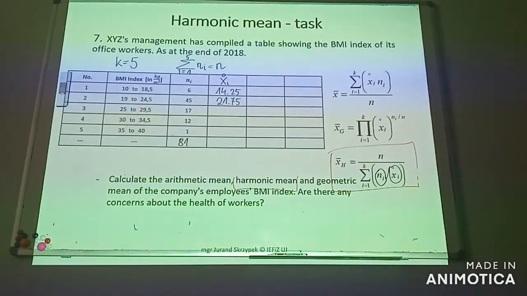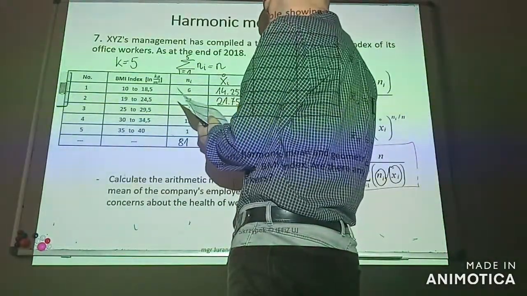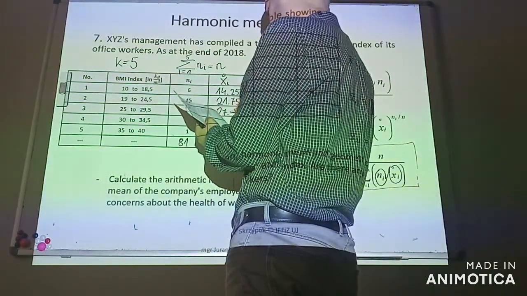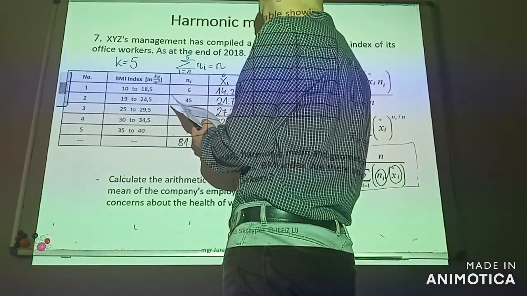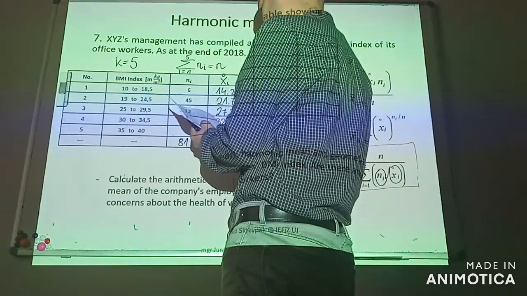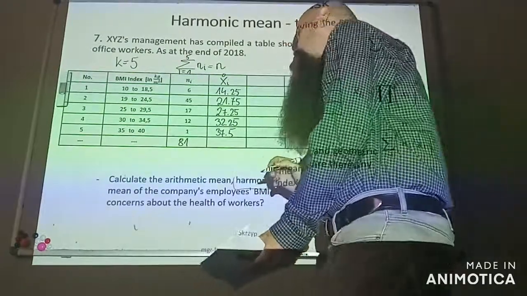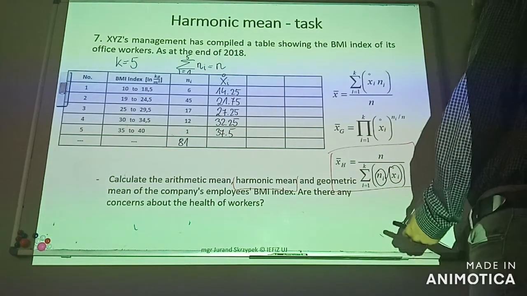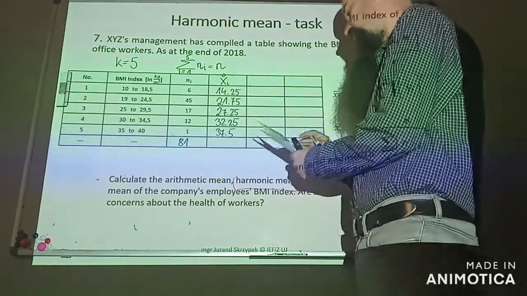I have a cheat sheet here. 27.25, 32.25, and 37.5. Yeah. Here we have all the middles of the classes. All right.